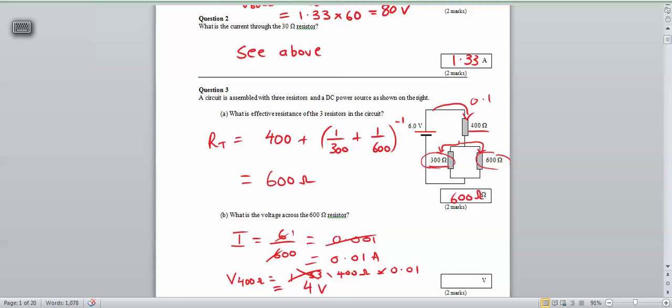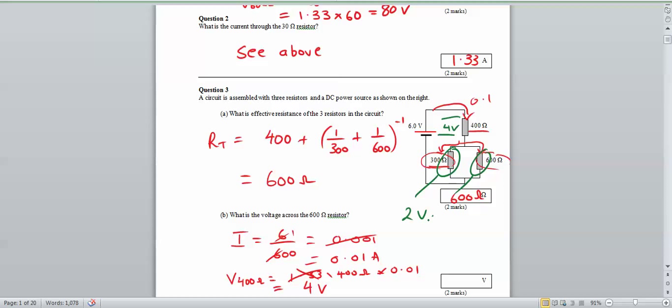Now, if we have a 4 volt drop across here, and we've got 6 volts coming from the supply, assuming no internal resistance, then each of these components is going to have a 2 volt drop, because they're in parallel and both receive the same voltage.